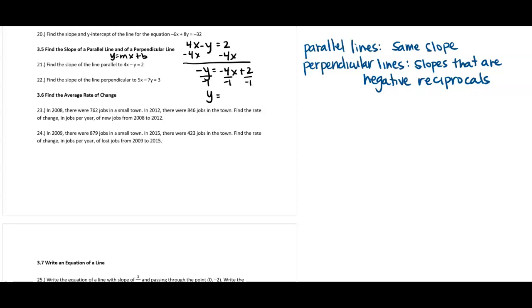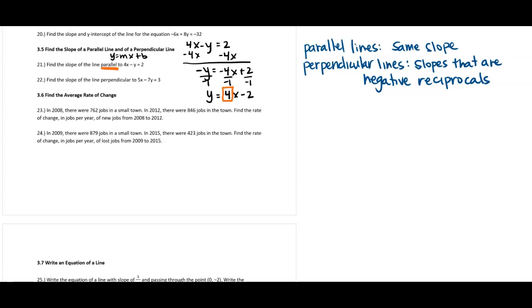So y equals 4x minus 2. All right, so now this is in the form where I can see I've got my y-intercept, I've got my slope. But all I care about, when it's asking for the slope of the line that's parallel to this, is basically what is the slope of this line, right? So the slope of this would be 4.